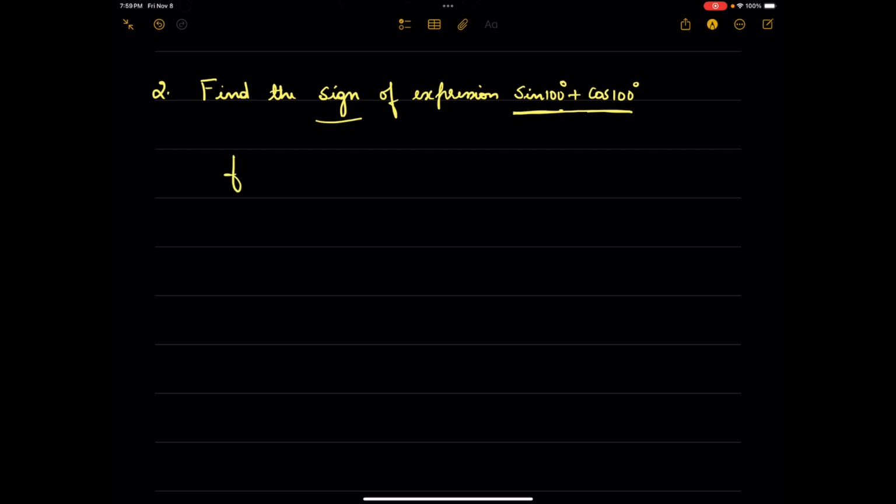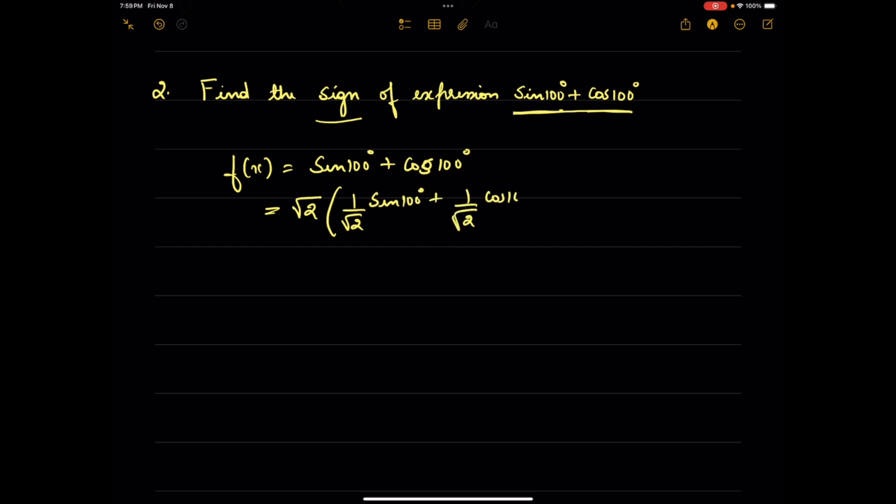So we can rewrite this function. Let's write the question. We have sine 100 degrees plus cos of 100 degrees. Let's multiply and divide this function with square root of 2. So this will be 1 by square root of 2 multiplied by sine 100 plus 1 by square root of 2 multiplied by cos of 100 degrees.